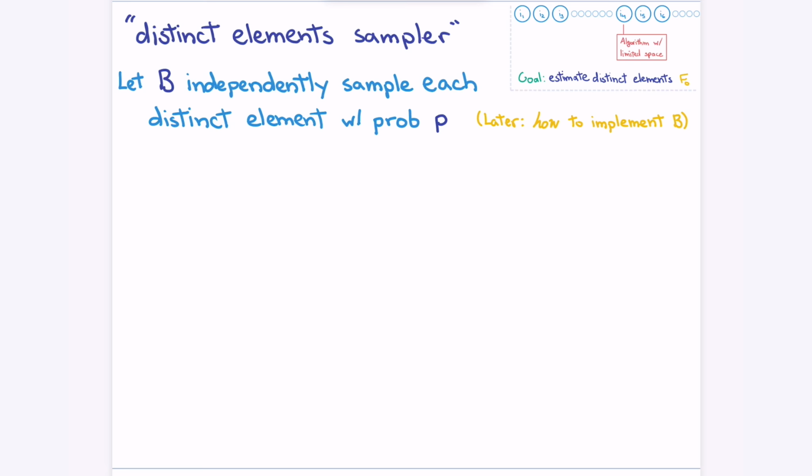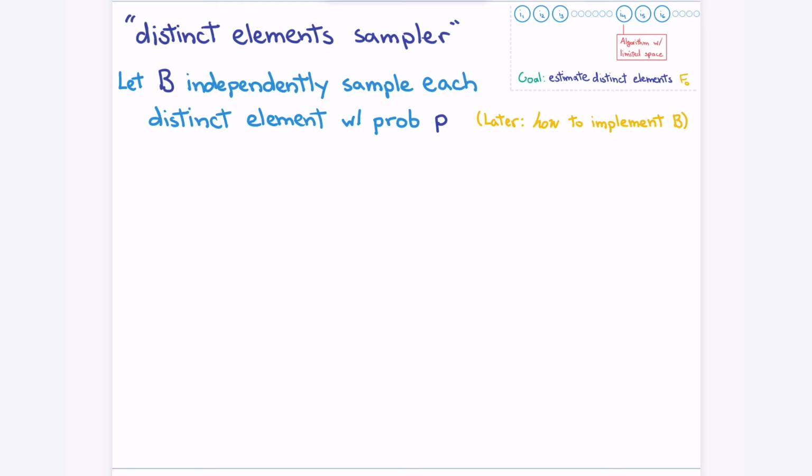That's non-trivial to do because you want to make sure you don't resample an element when it repeats, but assume that we'll figure that out later. You just have this streaming algorithm that, as the stream comes in, maintains a random sample where every distinct element so far is sampled independently with probability p. And you get to choose p. That's your parameter.